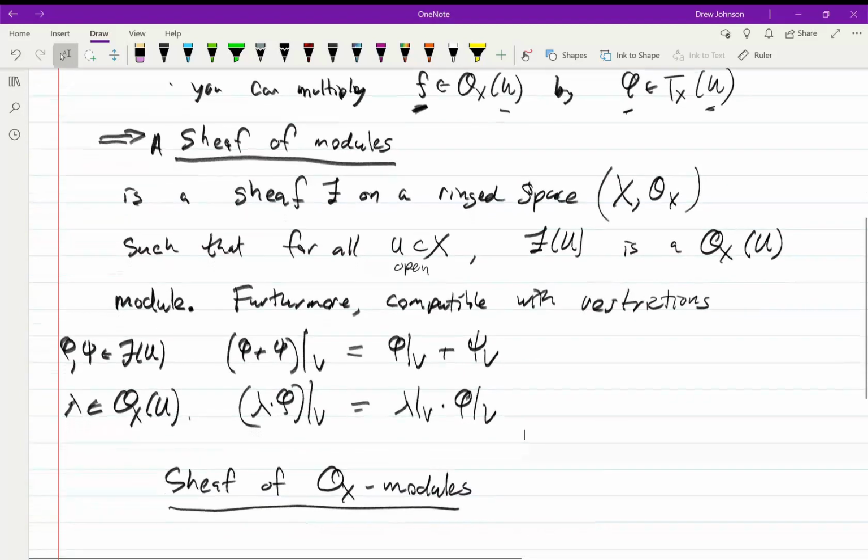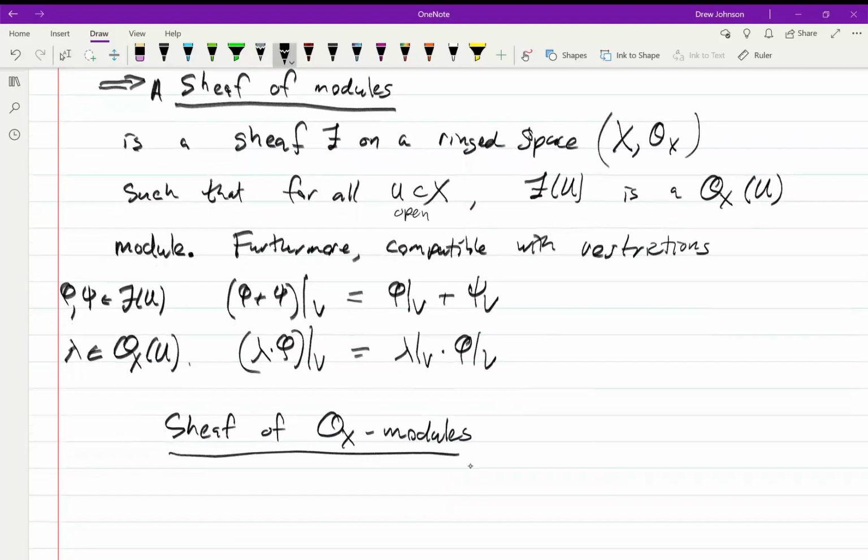All right, we should also define morphisms of sheaves of modules. So let's let F and G be OX modules, okay, on the same space with the same structure sheaf.